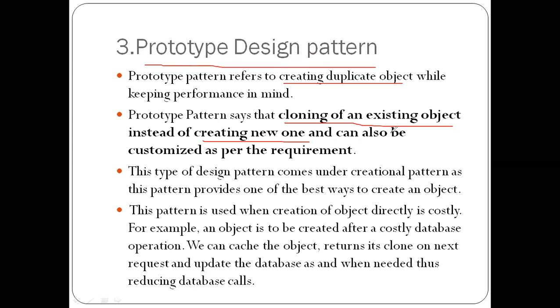So we copy some work that is suitable to our design. Here also we are going to copy one object's information. That copying is called cloning here. After copying that object information, we change that object's properties according to our requirement. That kind of pattern is called the prototype pattern, right?